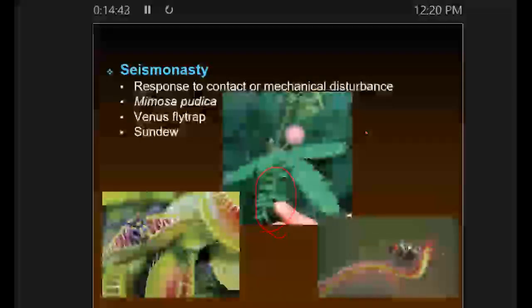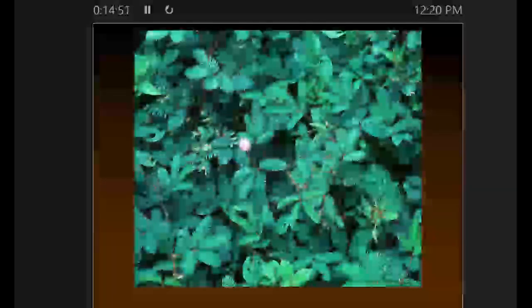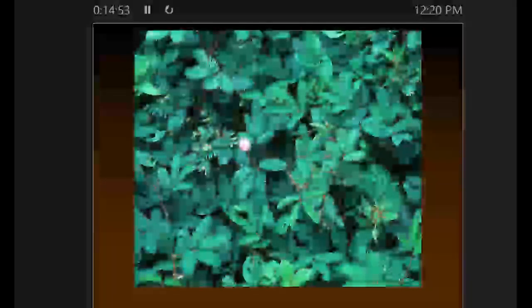What is its function for being so sensitive? Right, because it's not like we talked about an insect getting caught. So let me show you this and let's think about that question. So here is a watery ditch area next to a road. It grows around the equator and south of the equator.